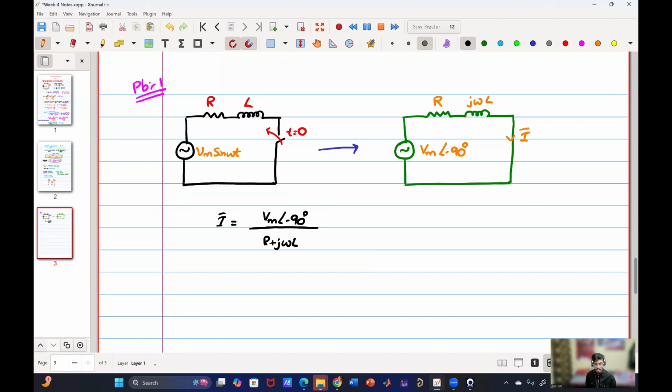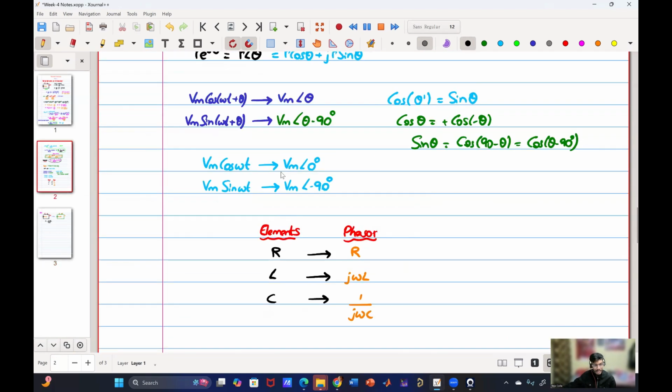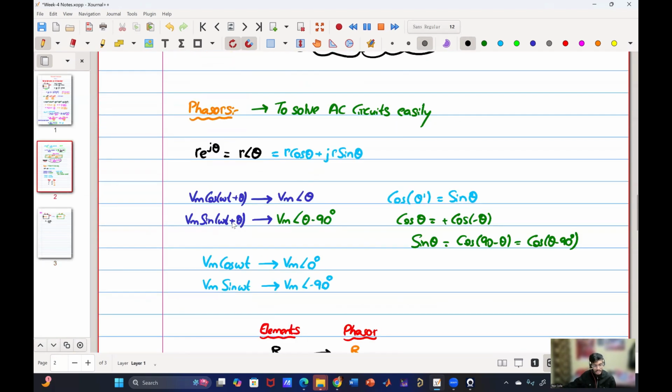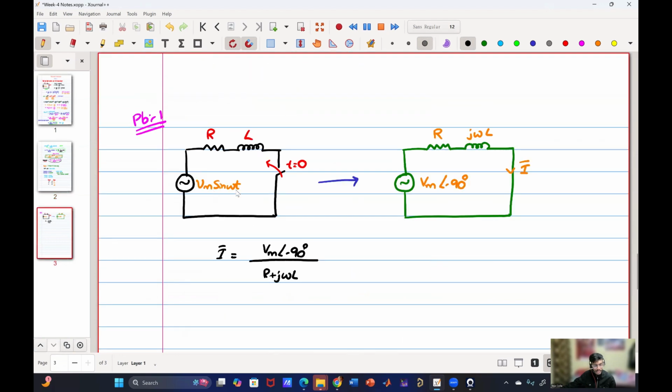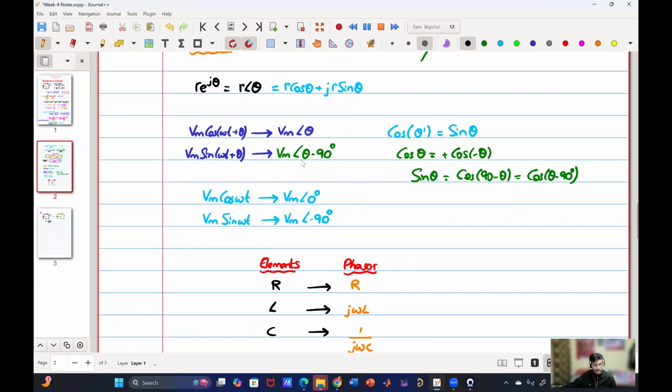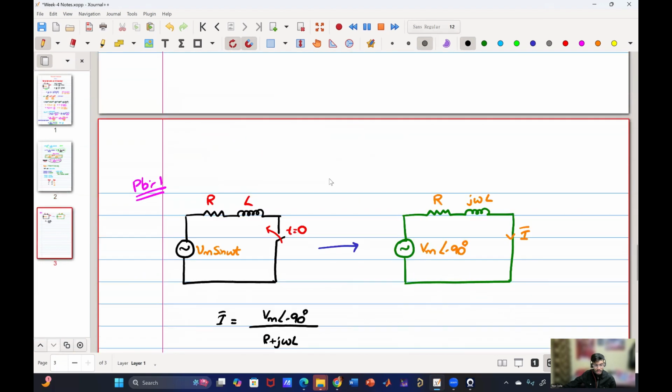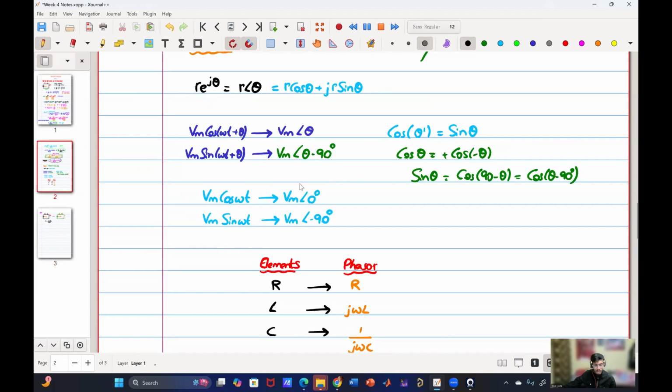Student: For sin omega t plus theta, it is theta minus 90? Yes, but since here theta is 0, it is sin omega t only, so it will become Vm angle minus 90 degrees. Student: Sir, previously you said sin theta is equal to cos of theta minus 90, but here we have sin omega t plus theta.